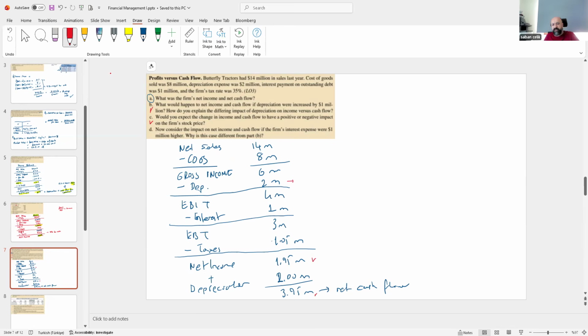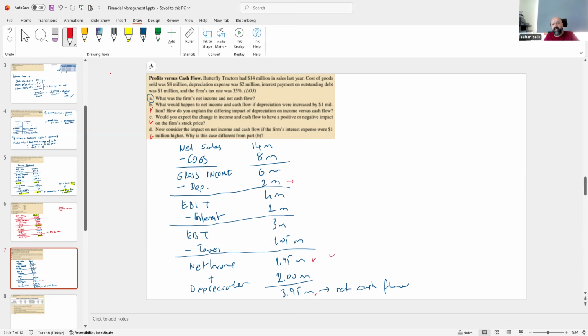Of course, these two figures have a positive relationship with the stock prices. If those figures increase, then stock prices should increase as well.